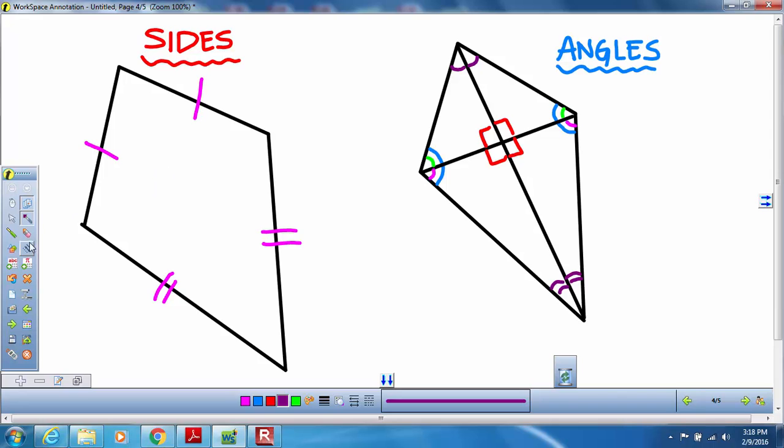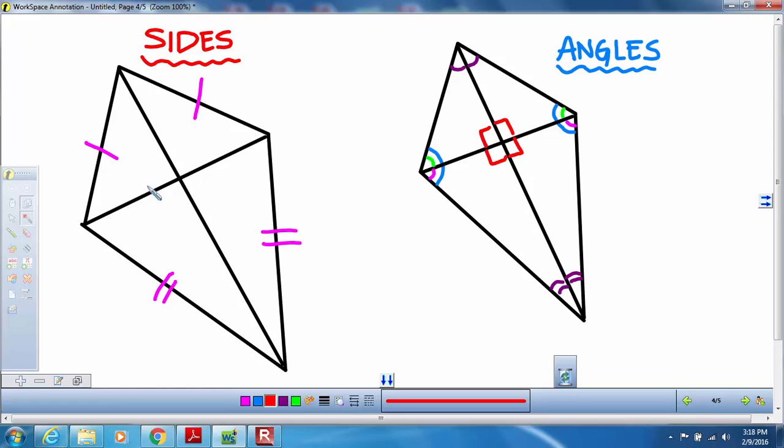Now I think for the sides we should include the diagonals here as well. And we were told that one of the diagonals is bisected, and so that means here this piece is congruent to this piece. So there's our sides, there's our angles.